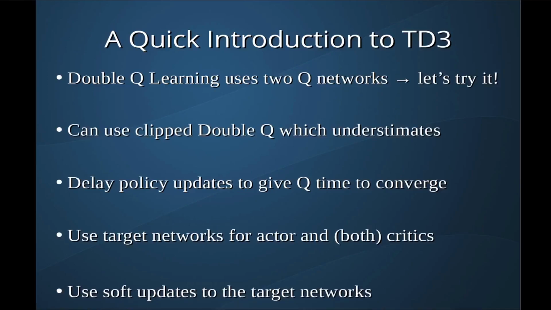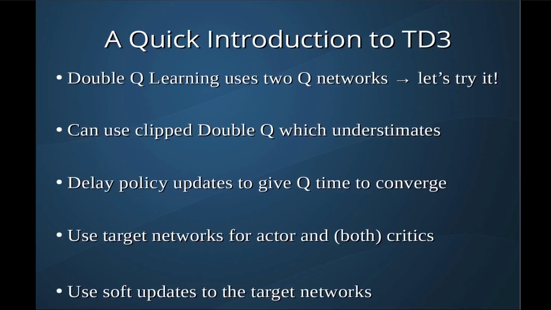The other thing we're going to need is a soft update to the target networks. So you have a couple of options for updating the weights of your target networks. One is you could do a stochastic gradient descent on those directly. Another option is to take the parameters from your online networks that you're actively performing gradient descent on and copy those to the target networks directly.